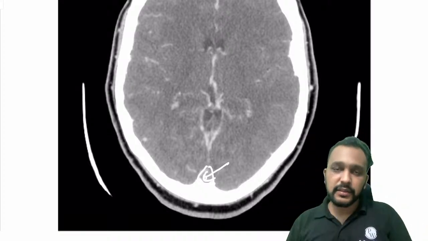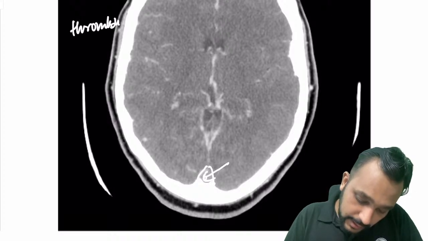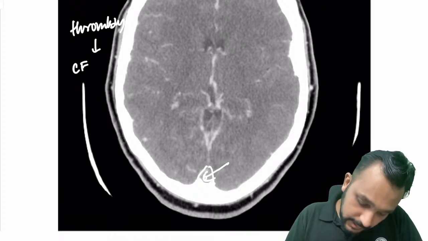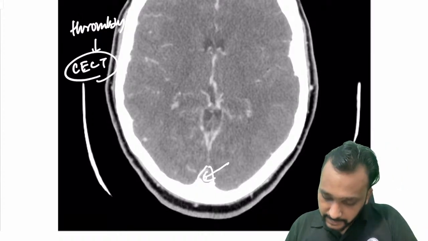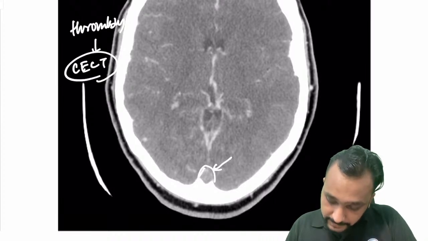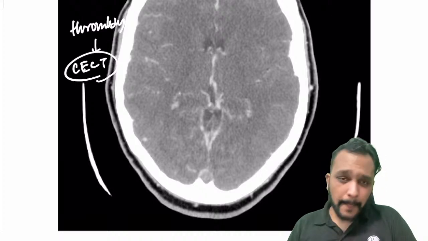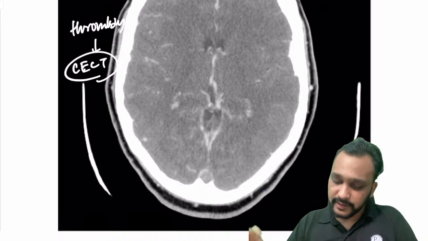The thrombus will not enhance on the CECT images. On this CECT, the thrombus appears hypodense, and it is surrounded by a peripheral contrast filled space within the superior sagittal sinus itself.